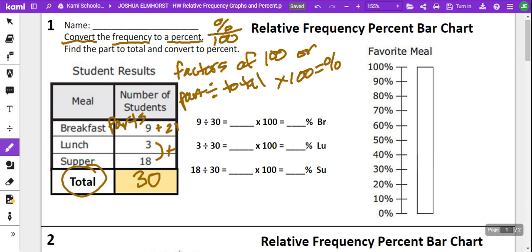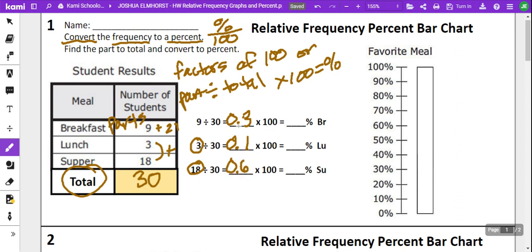So if we divide that out, we have 9 divided by 30. 9 divided by 30 is going to give us 0.3. And we have 3 divided by 30 is going to be 0.1. And then we have 18 divided by 30. 18 divided by 30 is going to give us 0.6.